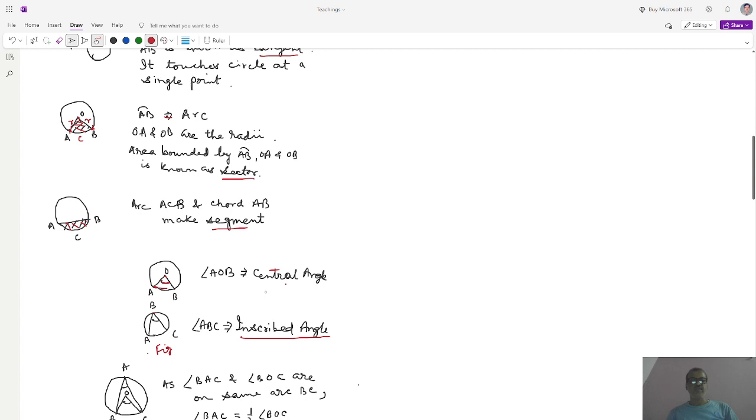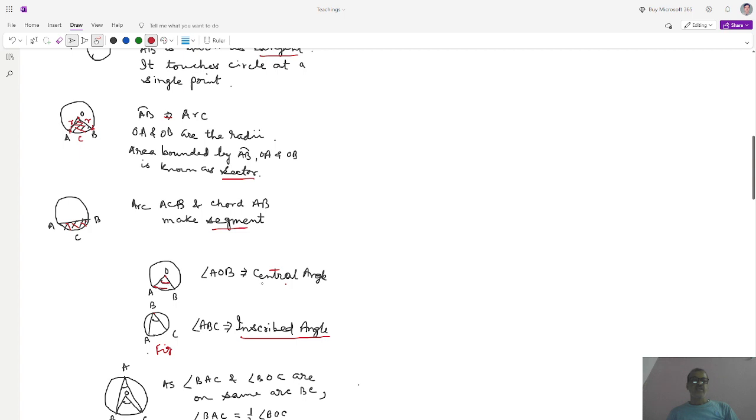Central angle is associated with the center of the circle, but inscribed angle is not associated with the center of the circle, but it is associated with points on the circumference.